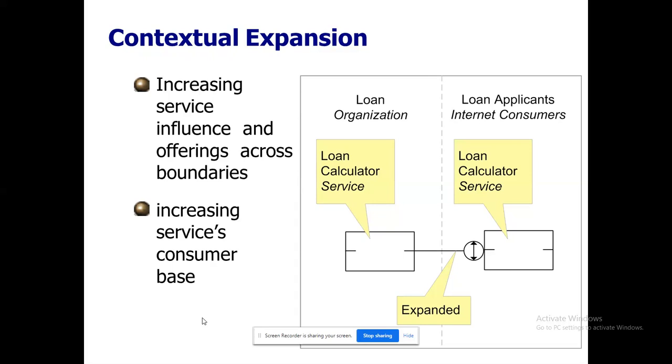So the logic calculation is centralized, right? That's my loan calculator service. But how these people are utilizing it in their environment, right? That could be the case of how this service is being expanded, reflected through the representation. So that's the term contextual expansion.